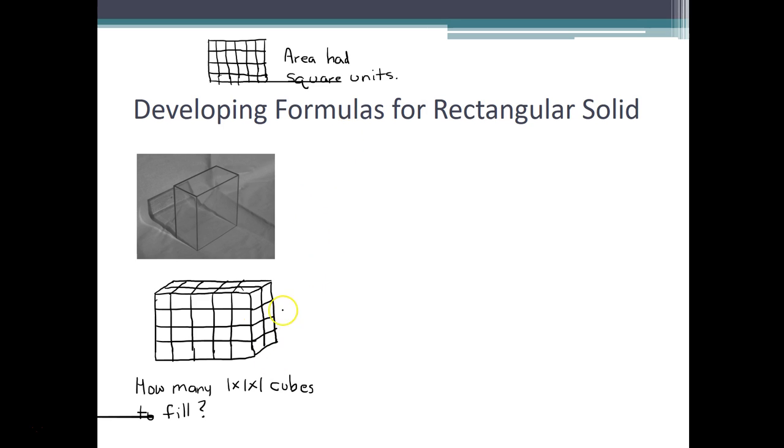Well, first of all, to see how many cubes are just in one layer, notice you've got 1, 2, 3, 4, 5 across this way, and you've got 1, 2 going back that way.